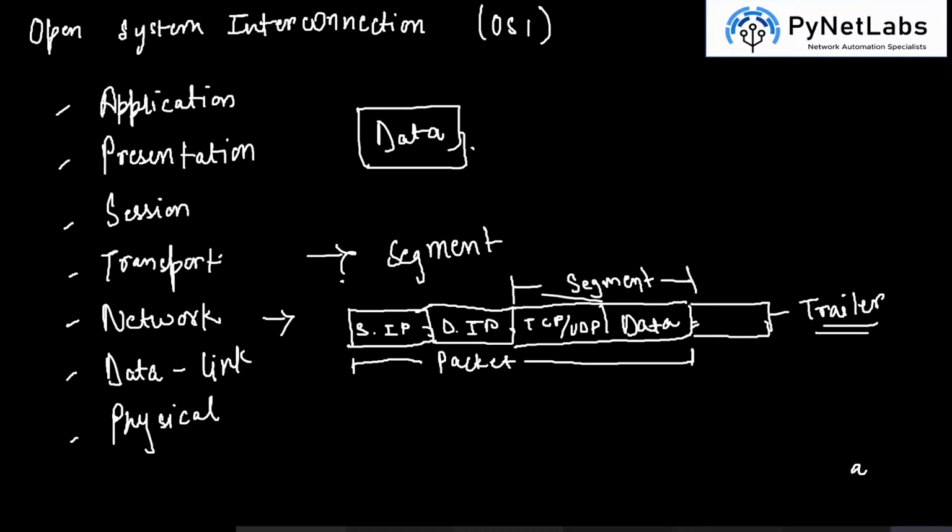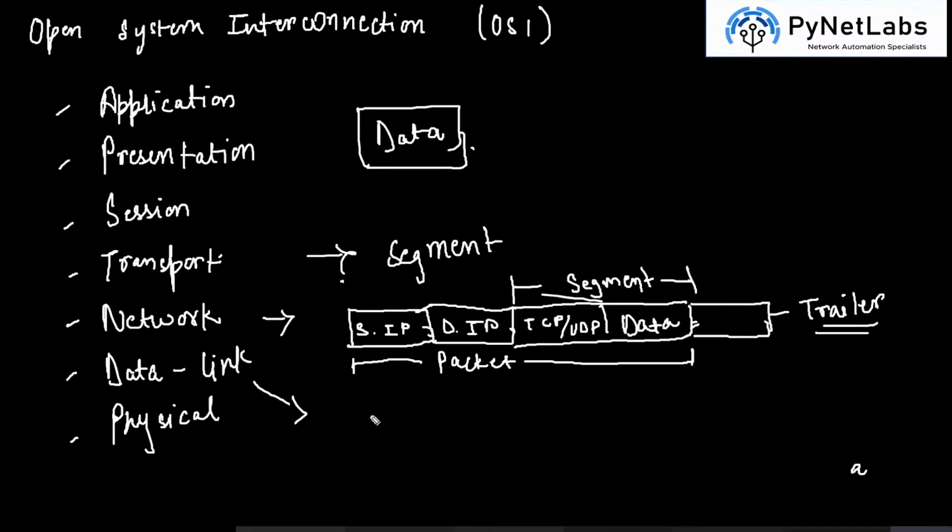Then the third thing is that it gives a sequence to the data, so that even if it reaches the destination in the wrong order, it can be sequenced into the correct order and shown correctly at the destination. Then once this packet is formed at the network layer with the source IP and destination IP, it reaches the data link layer.